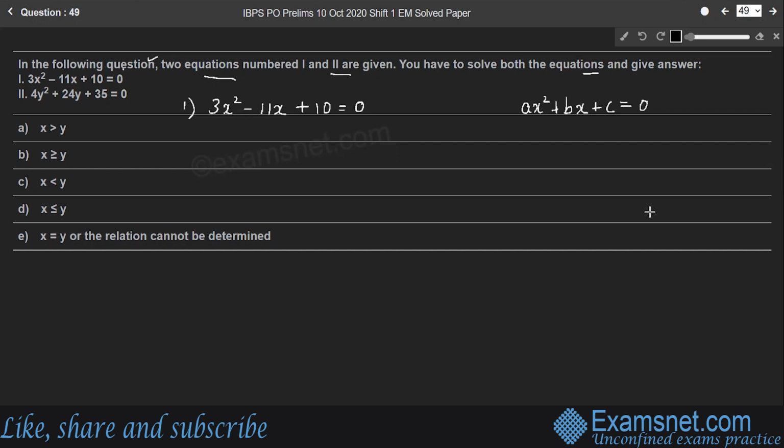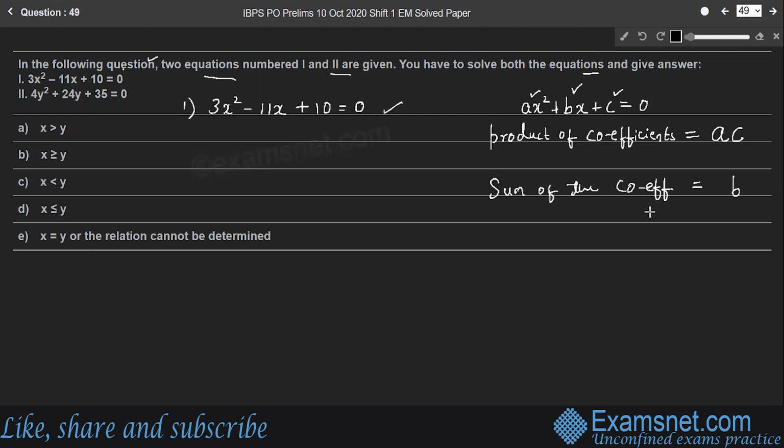Here, the coefficients of the middle term should be in such a way that the product of the coefficients of the middle term should be the product of the coefficient of x square and the last term, that is a into c, and the sum of the coefficients should be equal to b.